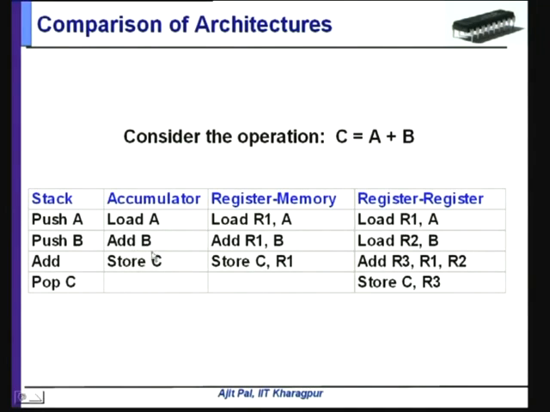Then the result can be stored in memory location C. So this is the accumulator type of processor architecture.